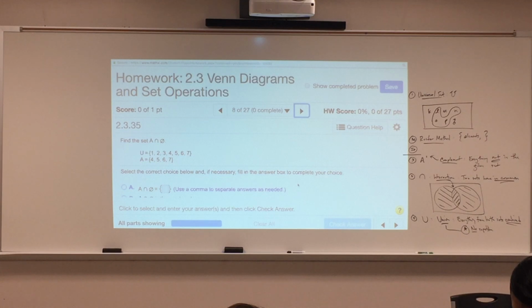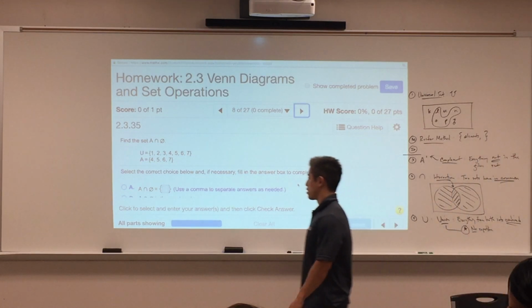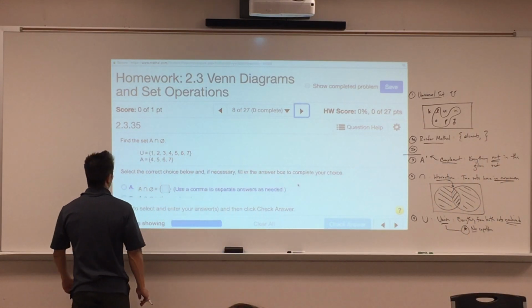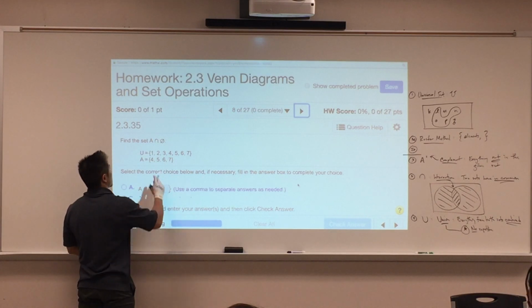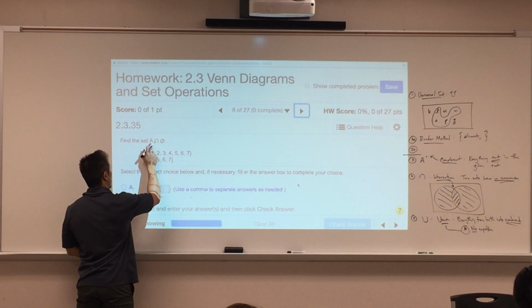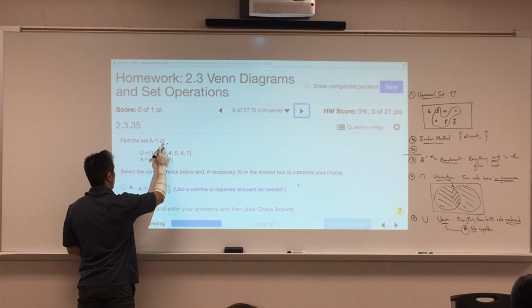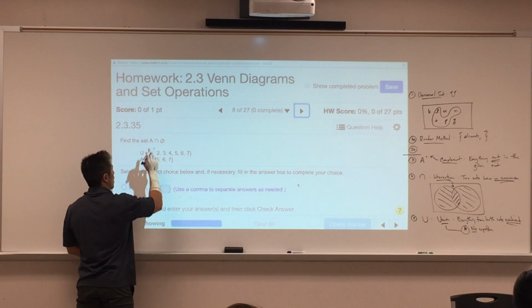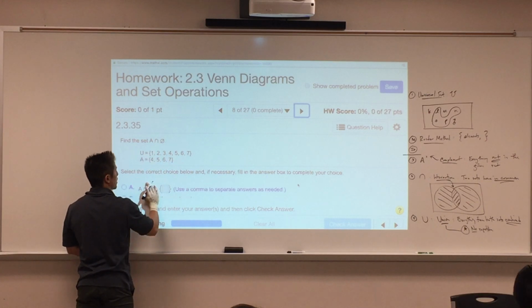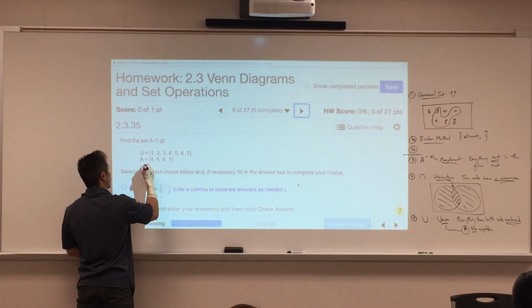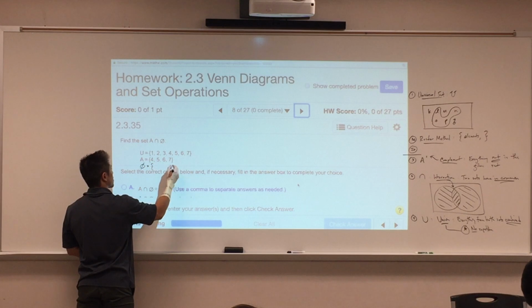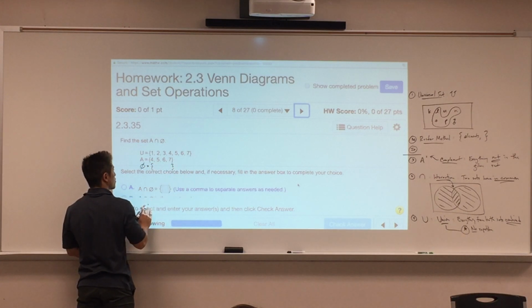All right, now the other operation. This is saying, what do A and the empty set have in common? Everything from A, everything from the empty set, they're in commonality. Well, we know, again, from the previous problem, that the empty set has nothing in it.